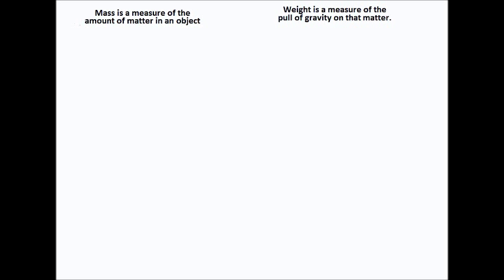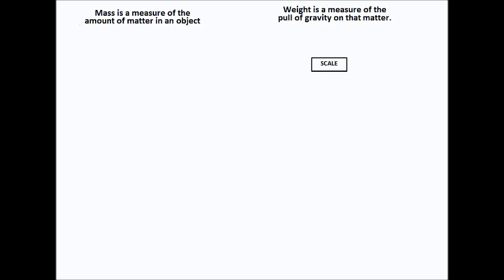Well, let's take a look at how you actually measure mass and weight on the Earth. To be specific, when you measure weight on the Earth, you should measure weight with a scale. Not to say that you couldn't measure weight with a balance, but really, truthfully, when you measure weight on the Earth, you measure weight with a scale. And it works like this.